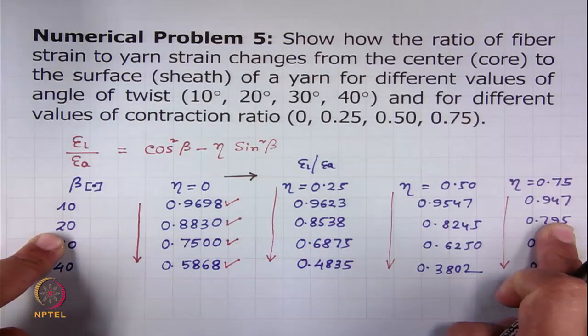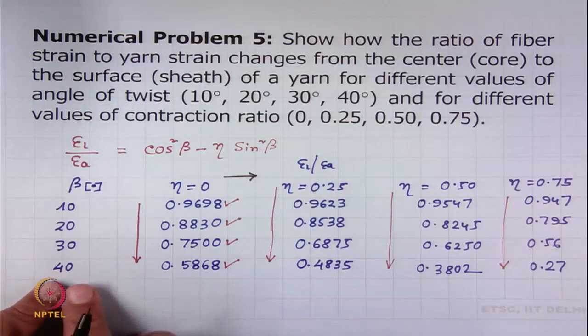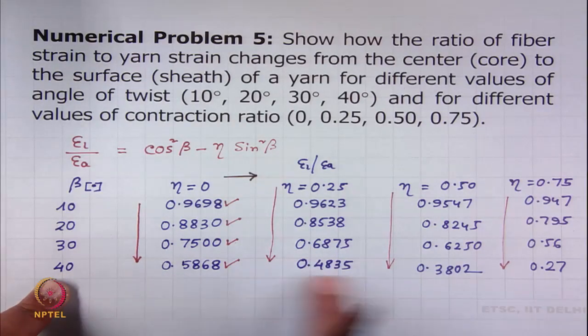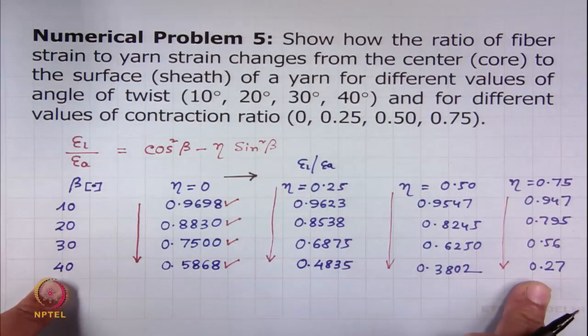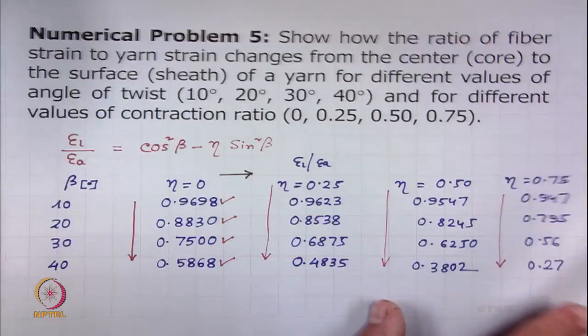However, the effect is a little higher. You see this effect when beta is 40: if we increase contraction ratio, the values are changing from say 0.59 to 0.48 to 0.32 to 0.27, a remarkable change. So this can also be observed from this data. So, we have solved numerical problem 5.